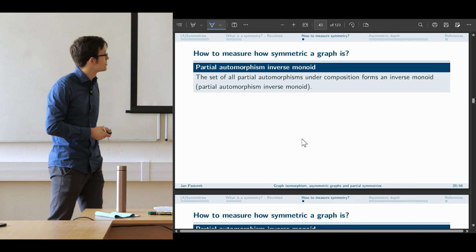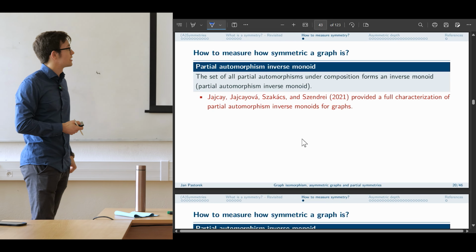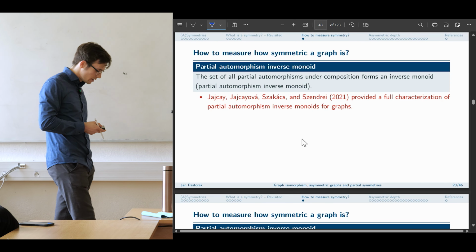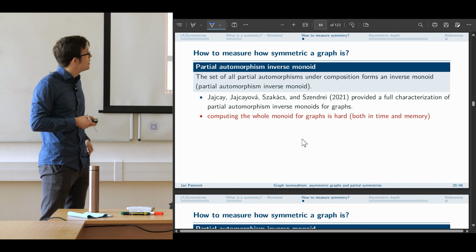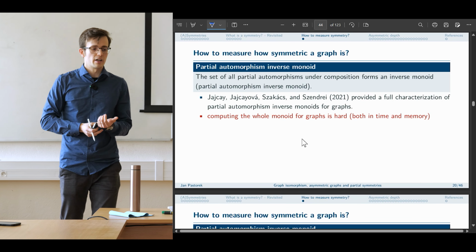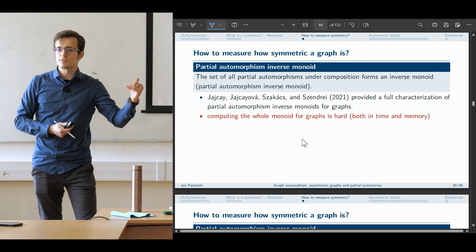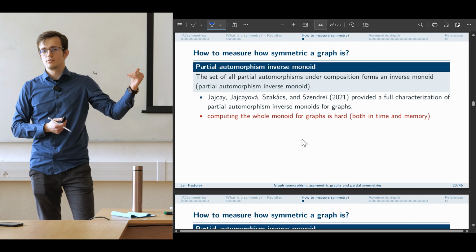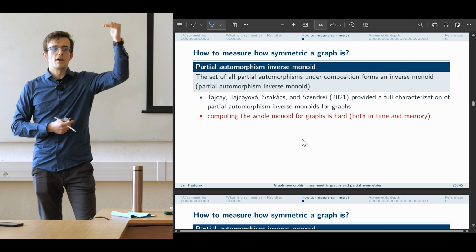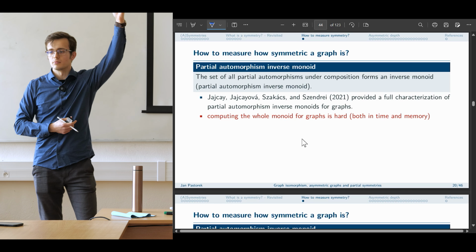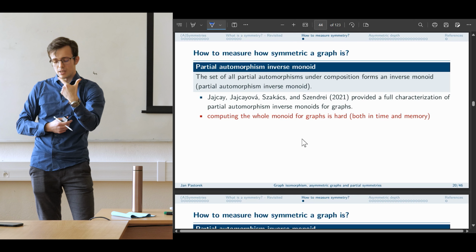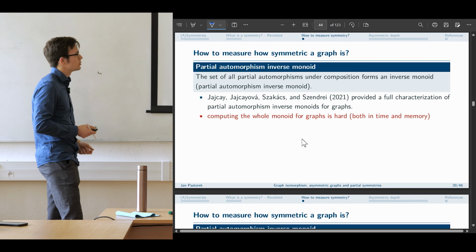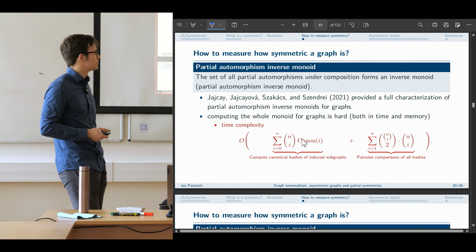It was fully characterized, this for inverse monoids for graphs, partial automorphism inverse monoids. But it turns out that it's very hard to compute, right? Because you have to compute several orders of isomorphisms, the isomorphism among each pair of induced subgraphs of that order. So there is a lot of computation, and we would like to somehow avoid that.